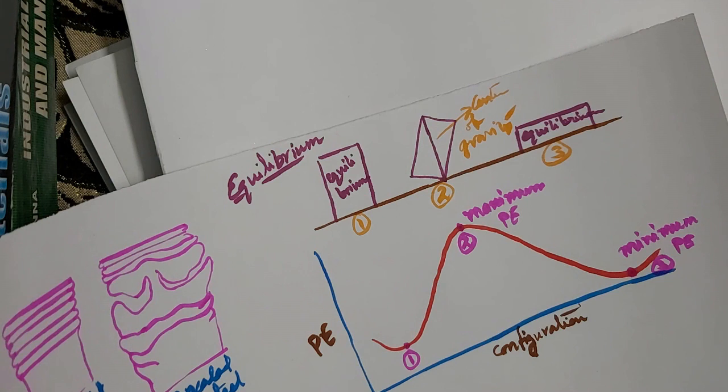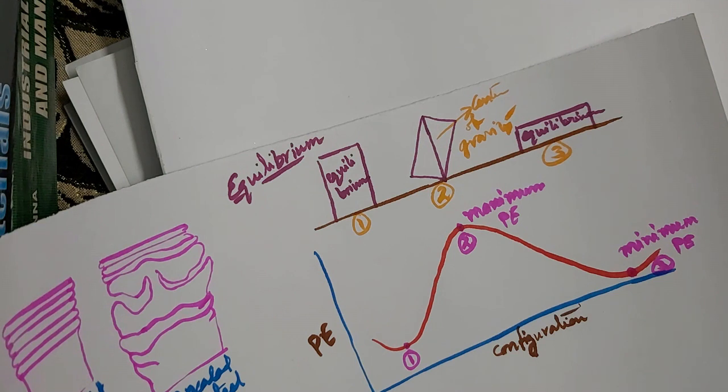So one is a local minimum, and three is also a minimum, but three is more stable as it lies on its larger side.